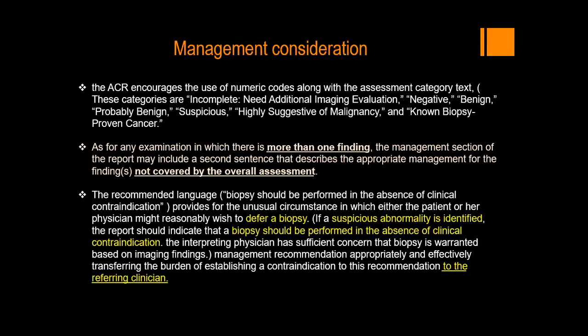So you have one overall assessment, but for the other findings, you might add a second sentence with appropriate management. Like if you find the most suspicious finding in the right breast, and the final assessment will be 4C or BI-RADS 5, but you have a probably benign lesion in the other breast, you might add another sentence that you have a probably benign lesion in the left breast for 6 months follow-up.